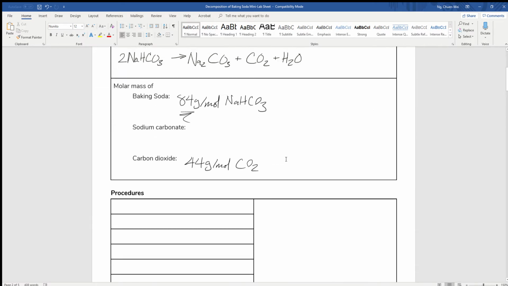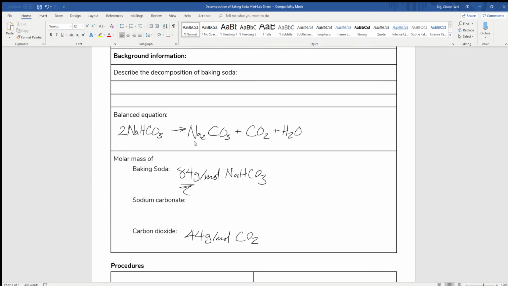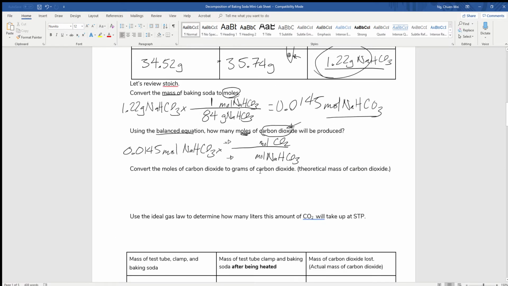Let's scroll up. So here's our balanced equation. For every 2 baking soda, I have 1 carbon dioxide. You don't see the 1, but there's a 1 over here. 1 carbon dioxide for every 2 baking soda. So that means for every 1 carbon dioxide, there's 2 baking sodas, and I just have to now divide by 2.